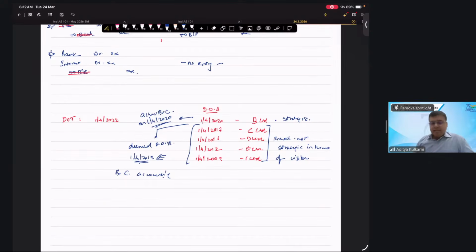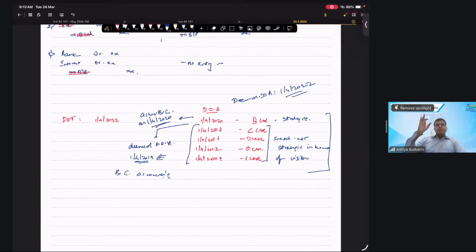Otherwise, what is the easiest way for companies to handle this? Companies can say my deemed date of acquisition is 1st April 2022. If they take 1st April 22 as the deemed date of acquisition, what are they going to do?